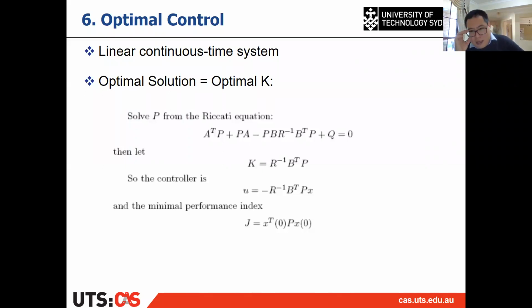And how we can do it is we solve the Riccati equation listed here to get the matrix P. And from matrix P, we can get the K. That is the optimal K. And from K and P, we can get the U. And we can also calculate the minimum performance index, right? So this is the optimal control process for the linear continuous time system to get an optimal K, right?